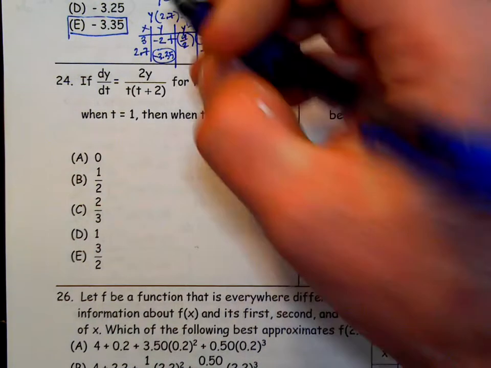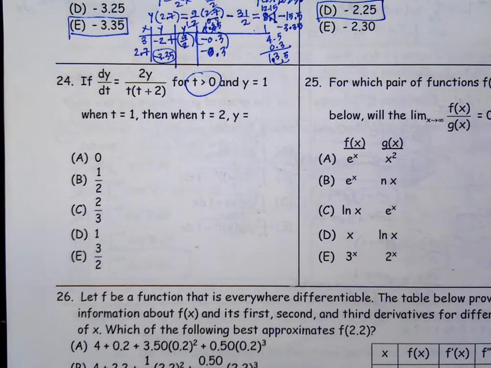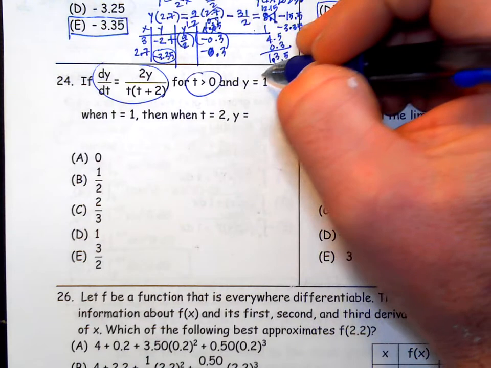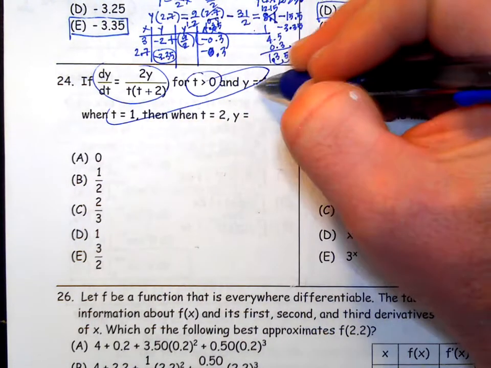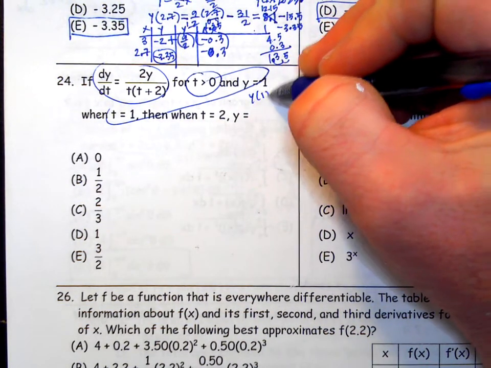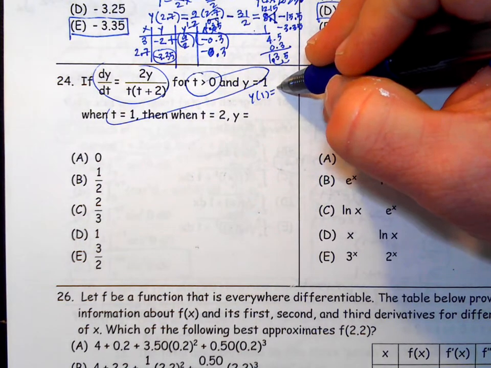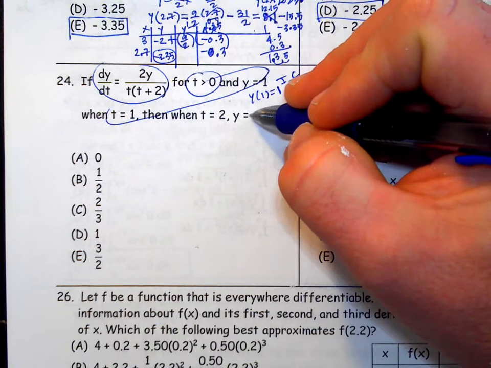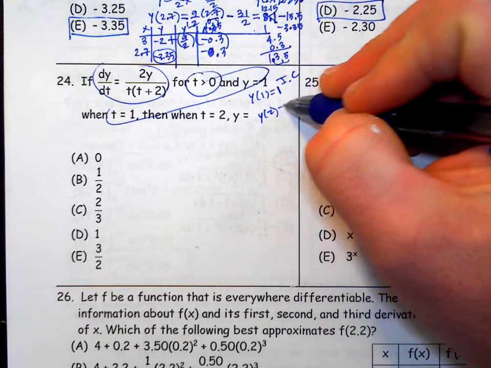So 24 looks like some kind of time-dependent problem. It's a differential equation. They're giving you an initial condition, y1 equals 1, and they want you to find y2.